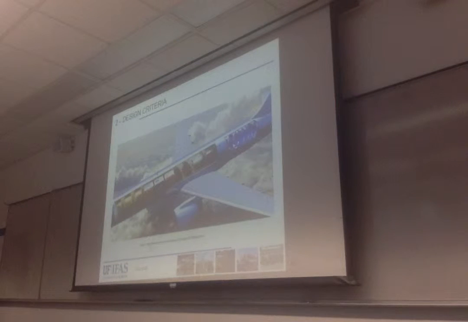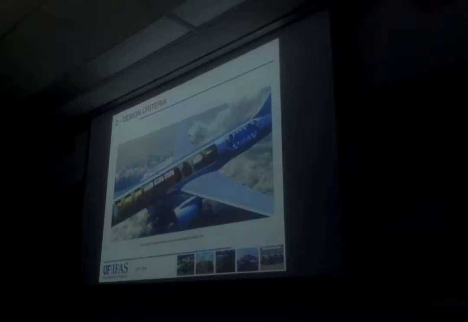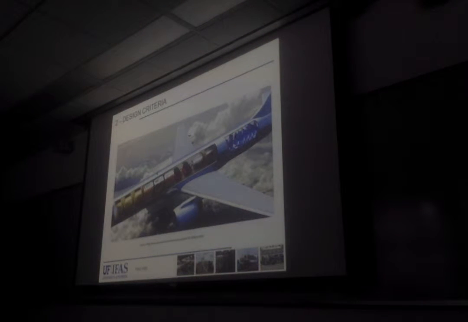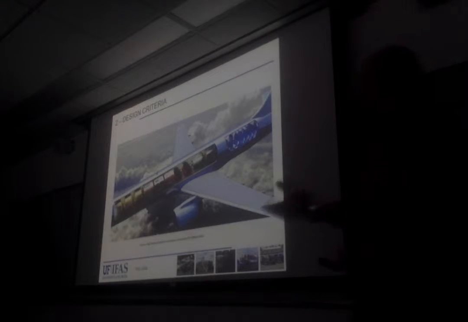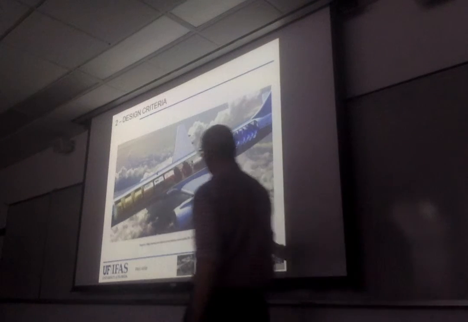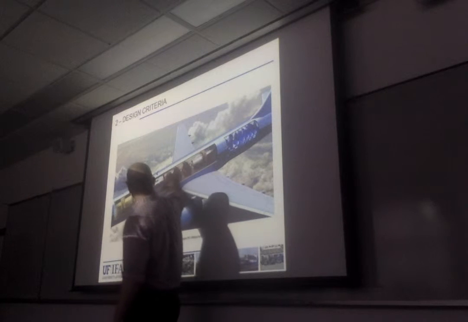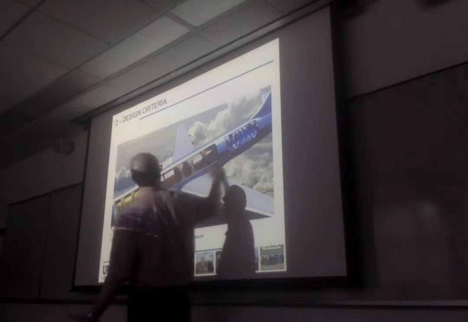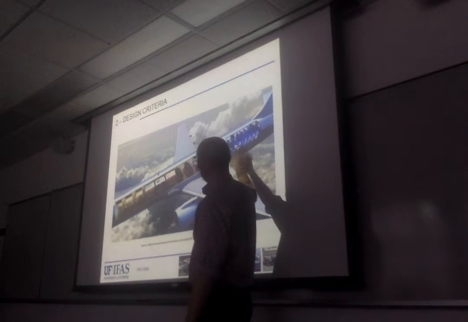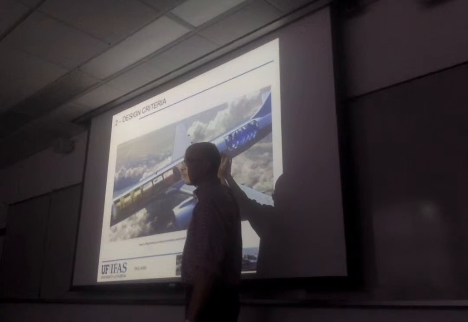So, this is an example of a Combi plane. So you have two decks, right? On an airplane, you have the lower deck, or the belly, where you're going to have containers. And you have the upper deck, where usually you have passengers, right here. A Combi plane is a plane where you have both sections, okay?